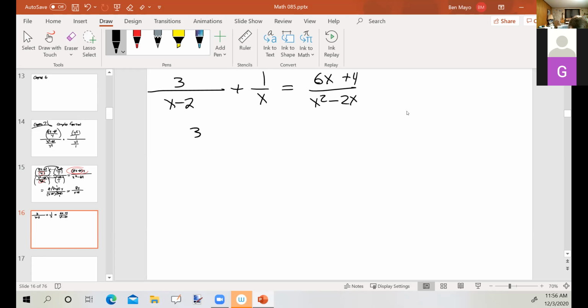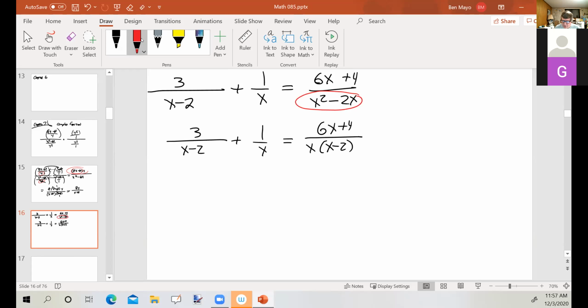So we have 3 over x minus 2 plus 1 over x equals 6x plus 4 over x times x minus 2. So basically that denominator, I factored it further. Considering the three denominators, my least common denominator would need an x and an x minus 2. This contains x minus 2, this contains x, and this contains both of them. So there's my least common denominator. Are we okay with that?